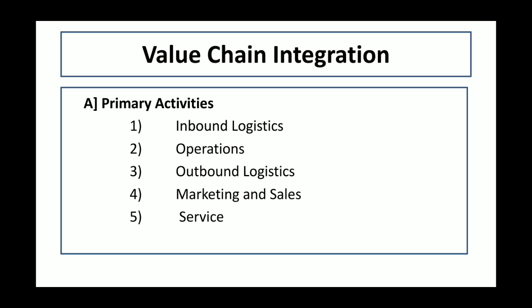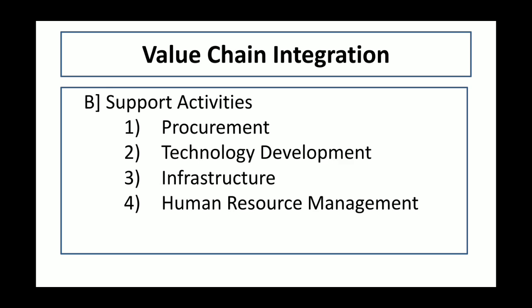These are the primary activities for value chain integration. In detail we will study in the next class, but you should know that the primary activities are these five: inbound logistics, operations, outbound logistics, marketing and sales, and service.